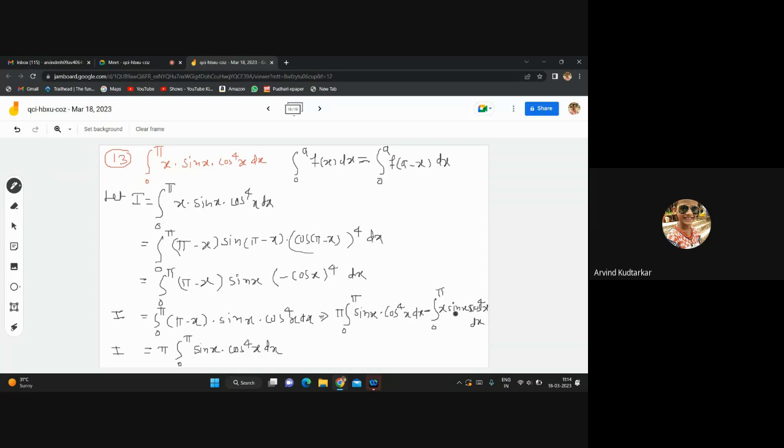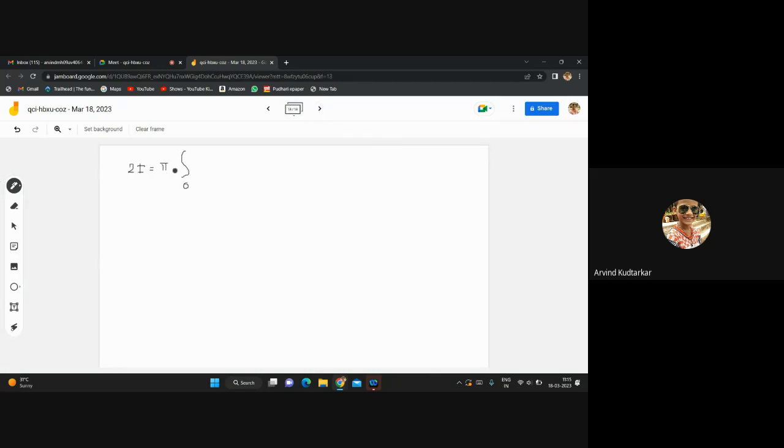So 2I is equal to pi times integral from 0 to pi of sin x into cos to the power 4x dx.